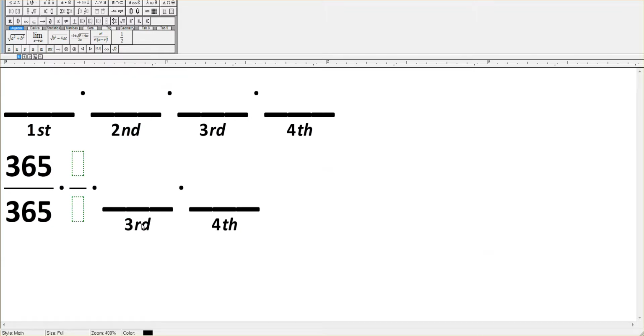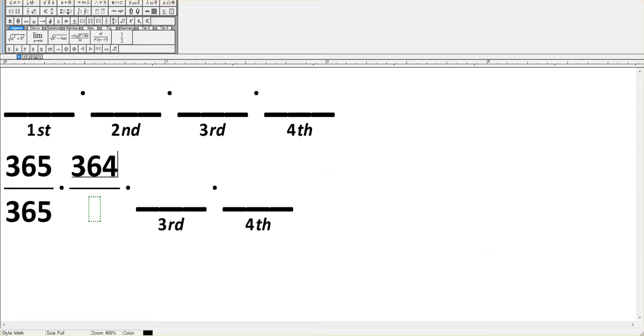So that means that there are 364 days left for that person to choose from out of the 365 total. Notice the denominators are staying 365 because there are 365 days in the year, assuming they're all equally likely, no leap year. Now, this went down by 1, so we're using the general multiplication rule, right? What we're doing is multiplying as we go along the probability of the next event in sequence.